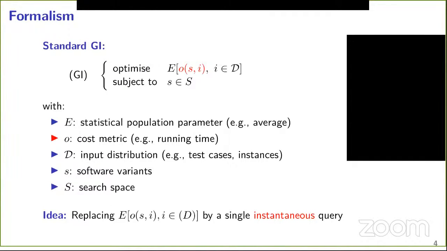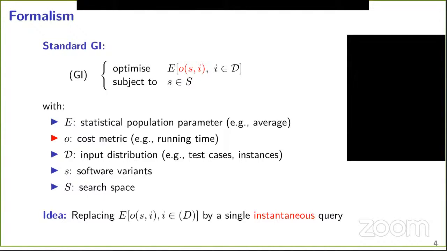So, a bit of formalism. GI is kind of a usual optimization problem: you have your original software, from which you derive your search space of all the software variants you can get.